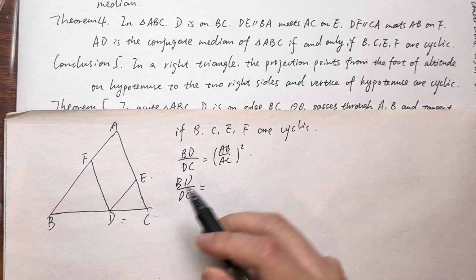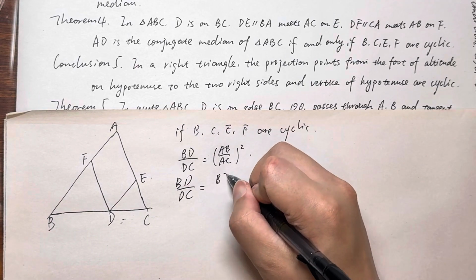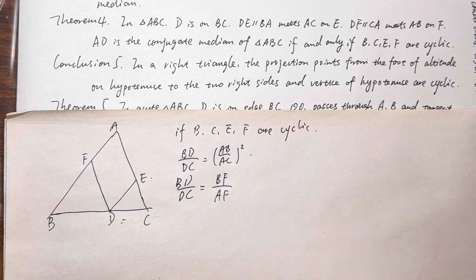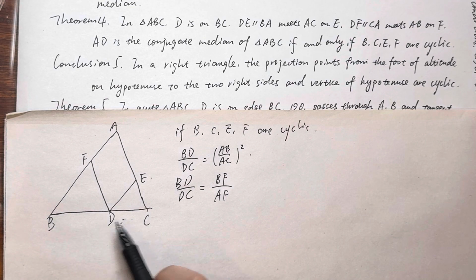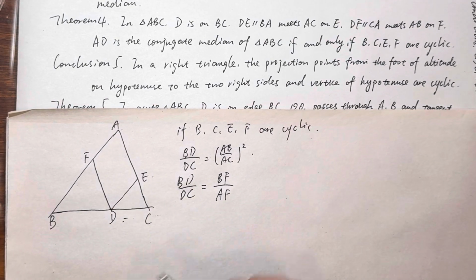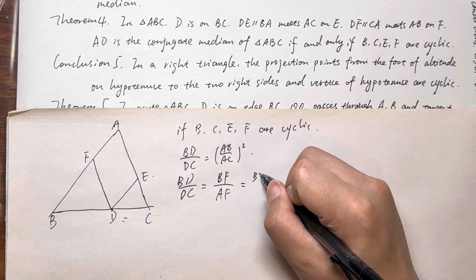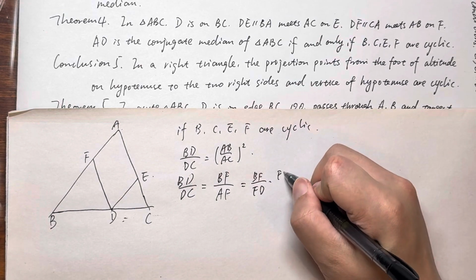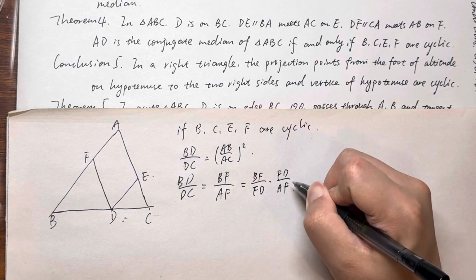BD to DC equals BF to AF, and it equals BF to FD times FD to AF.